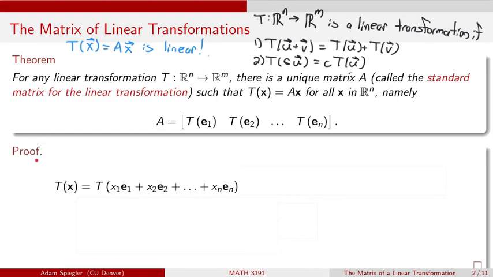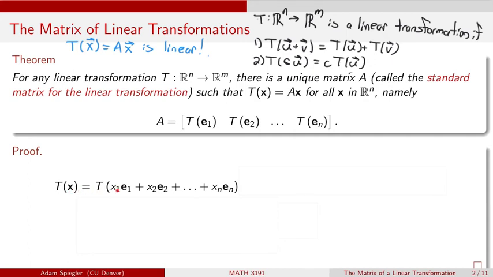So down below, we've got our proof. Let's take a look at how this linear transformation T would operate on some arbitrary vector x. Since x is in Rn, we know that E1, E2, all the way up to En, forms a spanning set of vectors for all of Rn. So that means any vector x in Rn can be written as a linear combination of these standard column vectors.